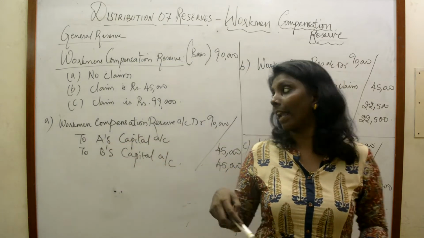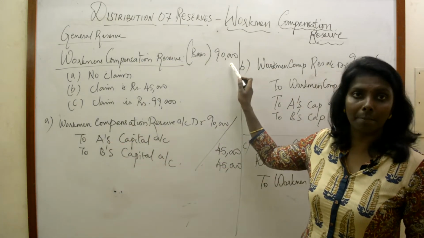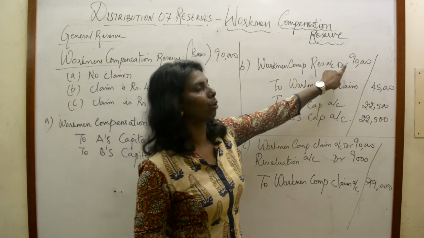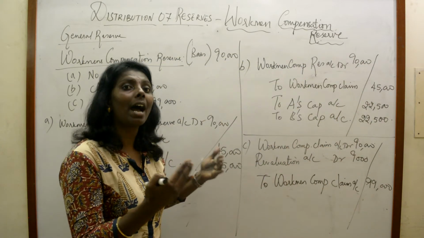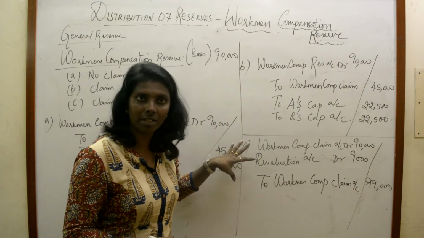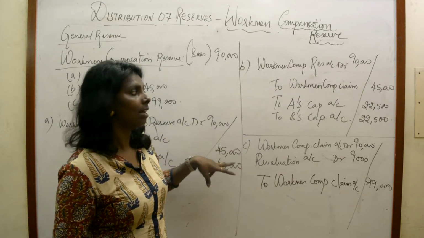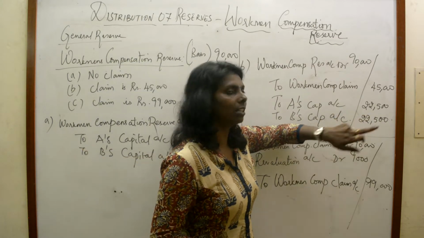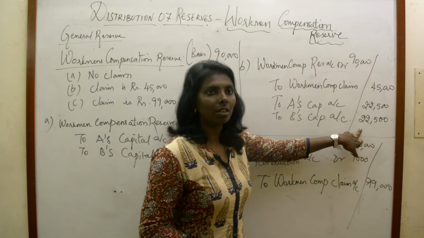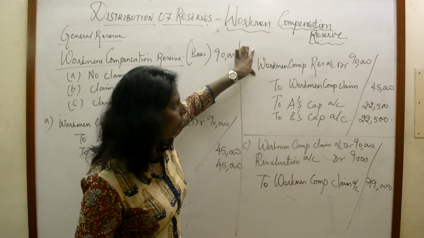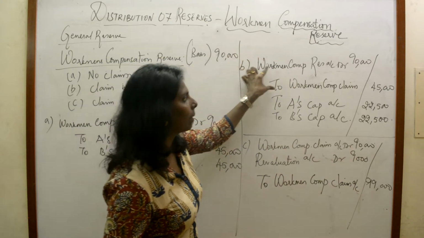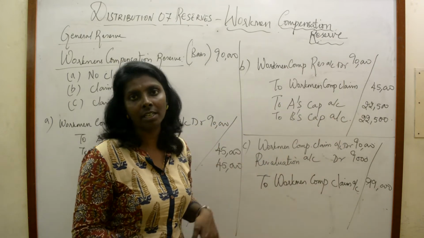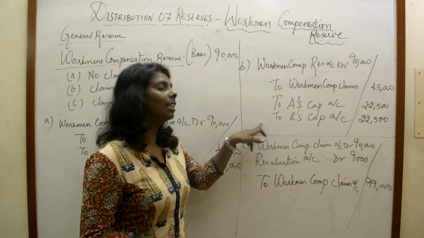In this case, I have 90,000 in my reserve and my claim is 45,000. So I am meeting that claim out of the reserve. After meeting the claim, I am left with 45,000 in my reserve. That 45,000 I am dividing among the old partners equally, so they get 22,500 each. So the entry goes this way: from workmen's compensation reserve, I am giving 45,000 to the claim, and the balance amount I am dividing among the old partners in the old ratio.